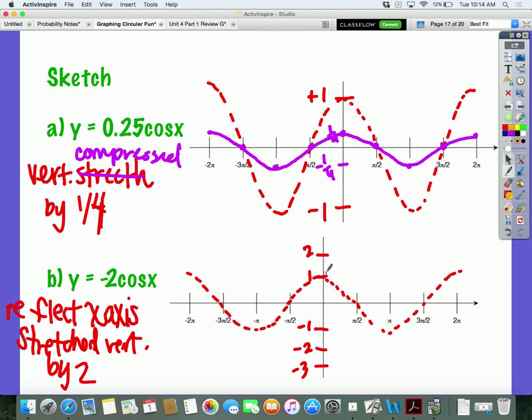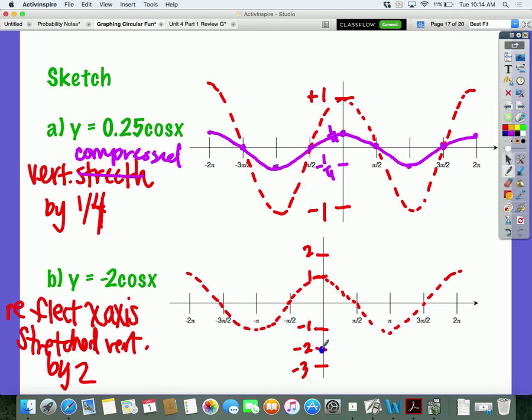So am I going to stretch it first and then flip it, or flip it first and stretch it? You can do both at the same time. But am I going to stretch then flip, or flip then stretch? Flip then stretch, okay. So this point, that was at (0, 1), if I flip it, it goes to (0, -1), and now I'm going to stretch it, so it's going to be at (0, -2).